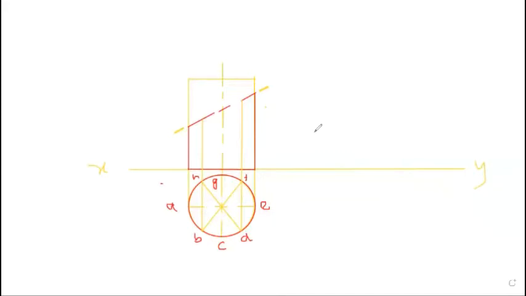Previously, when we did the solid position, there were 2 parts. There was an upper part where we gave the names, and a lower part where we gave the names. But here we give the names only to the section points.